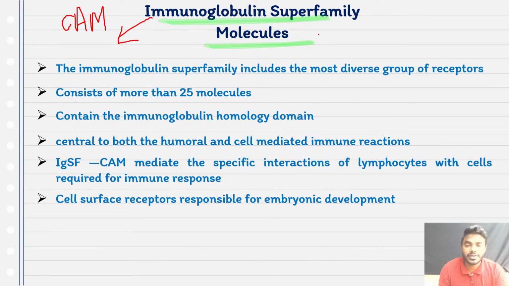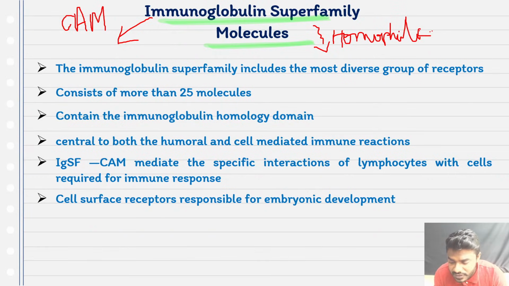Of course, this molecule will show homophilic interactions. Kindly do not get confused with this point. An immunoglobulin CAM molecule will associate with another immunoglobulin CAM molecule present on the neighboring cell. That is the reason we say they follow homophilic interactions.